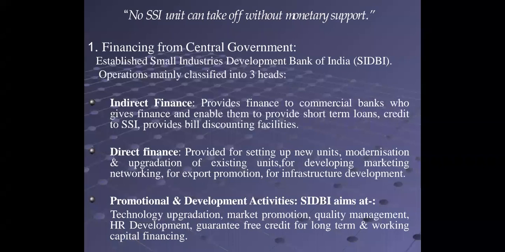The first kind of finance supported in developing countries for entrepreneurs is from the central government. The central government has established a bank called SIDBI, the Small Industrial Development Bank of India, which supports the needs of small entrepreneurs in different places.